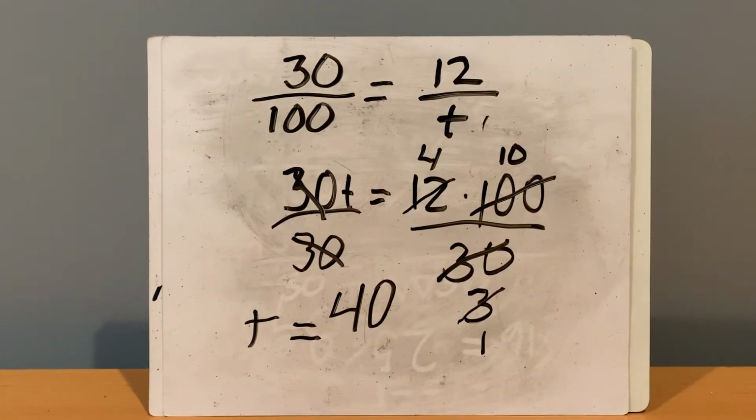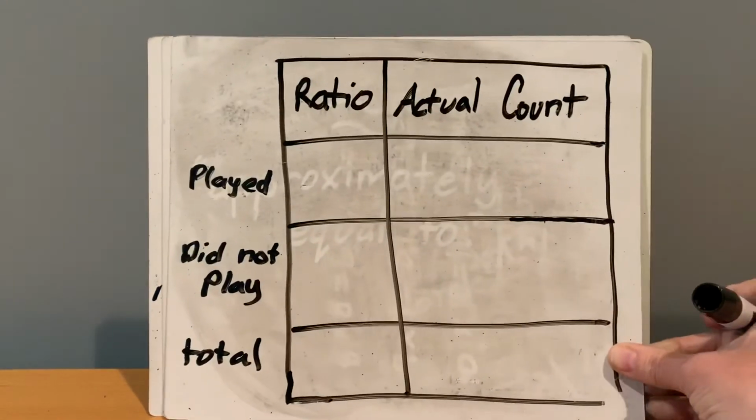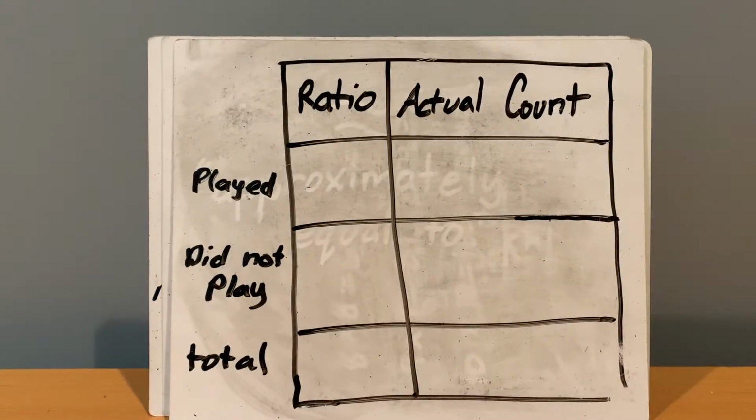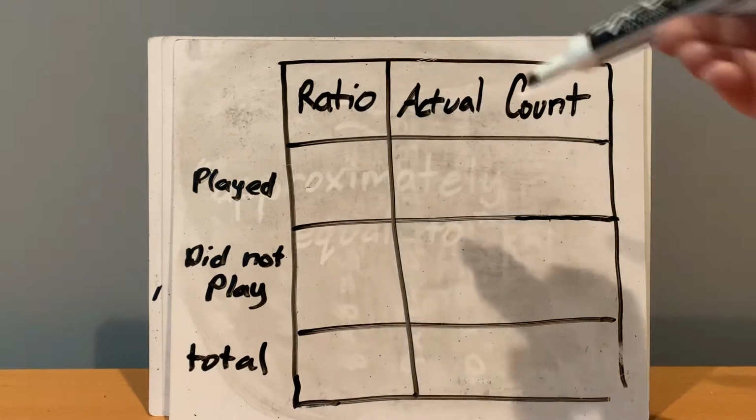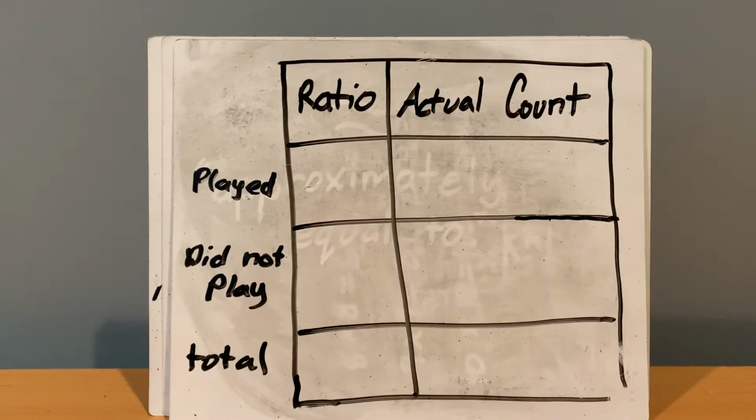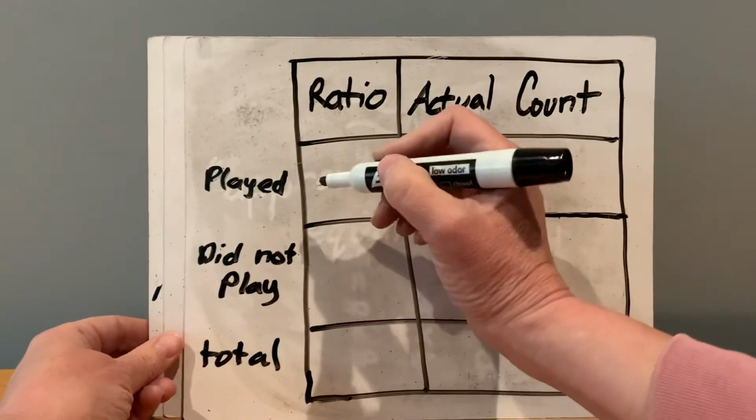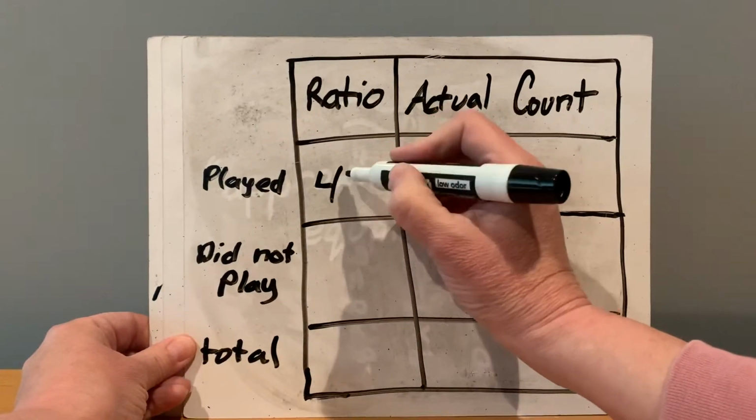Let's try another one. Only 40% of the team members played in the game. If 24 team members did not play, then how many did play? So first we're going to set up our ratio box. We have the ratio and we have the actual count. Now in the box we know that 40% of the team played the game. So the ones that played are going to be 40%.